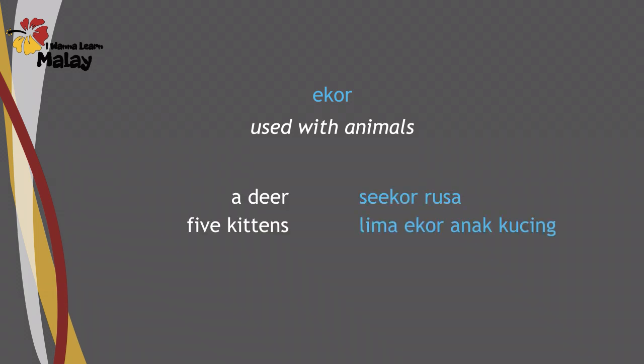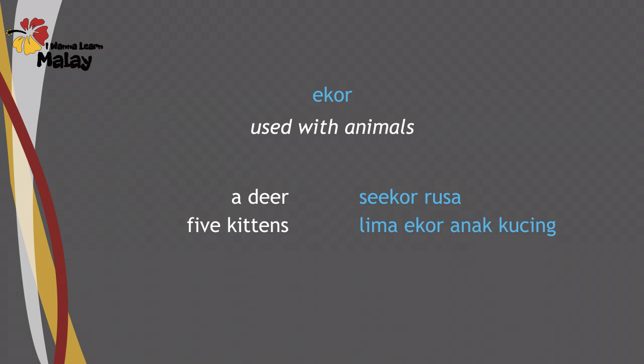What about for animals? For this, we use the penjodoh bilangan ekor, which literally means tail. So if you want to say a deer, that would be seekor rusa. You can imagine this in English being a tail of deer, or 5 kittens would be 5 ekor anak kucing.